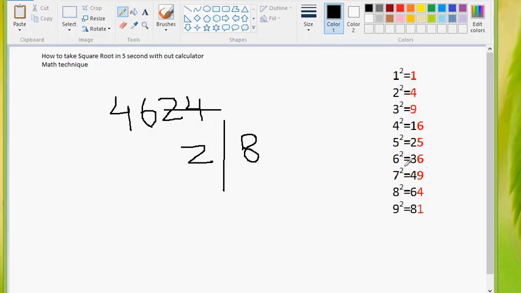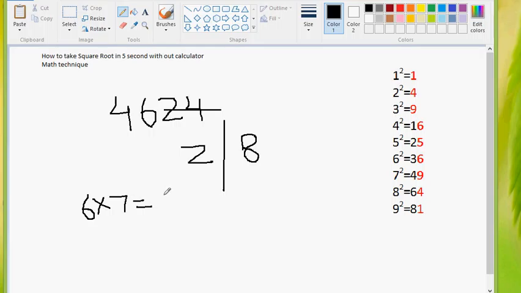And 46, where does 46 lie? It lies between 36 and 49. 46 is greater than 36 and lesser than 49, so you have to pick the lesser number. 6 times 6 is 36, so you pick 6 here and multiply by its next number 7.